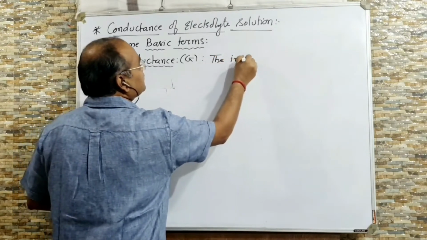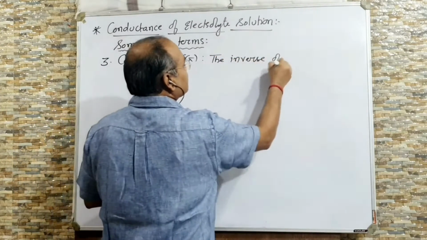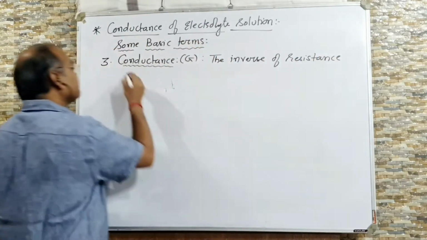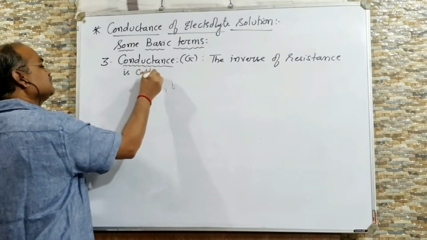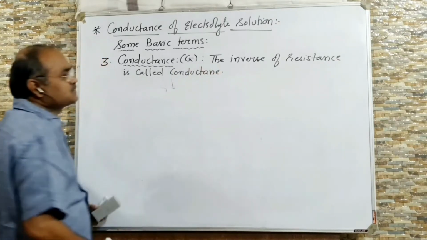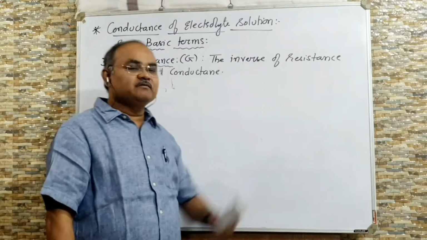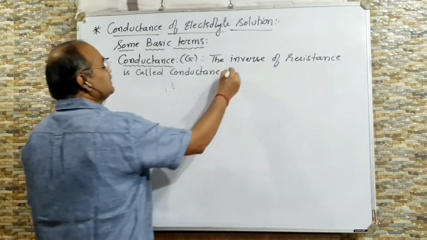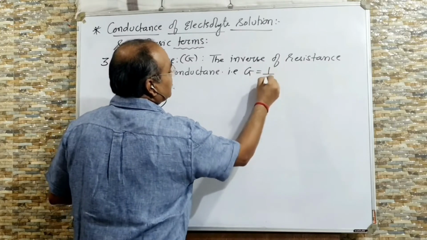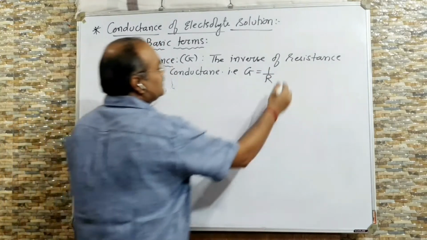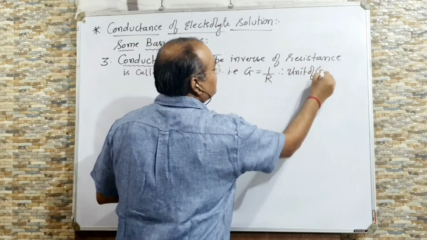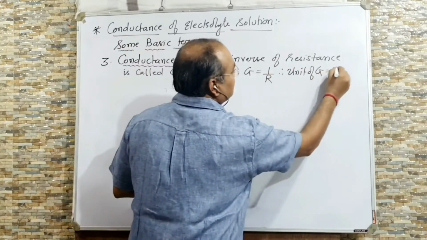The inverse of resistance is called conductance. That is, can I write G is equal to 1 by R, right? So therefore, what will be the unit of G? 1 by R, 1 by ohm.